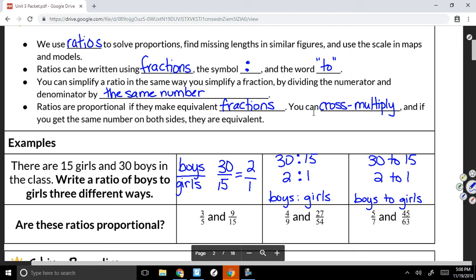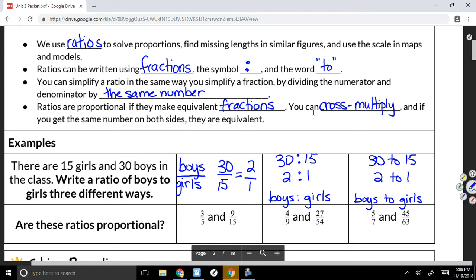In this unit, most of the time that we see ratios, they are going to be written in proportions, and a lot of times they use the fraction form to write that out. There will be times when they ask you if 2 ratios are proportional. The way that you can figure that out is by cross multiplying. Here I have 3/5 and 9/15.